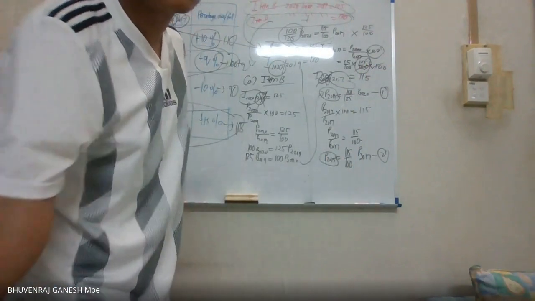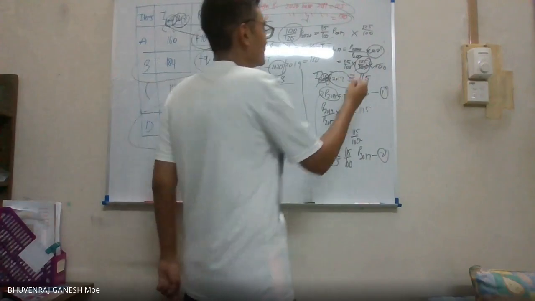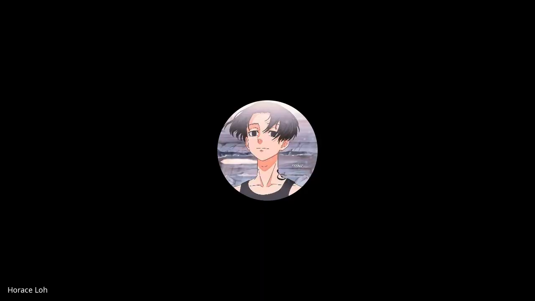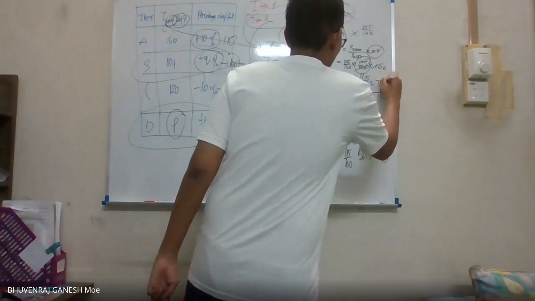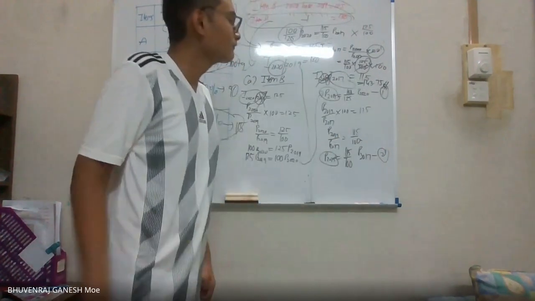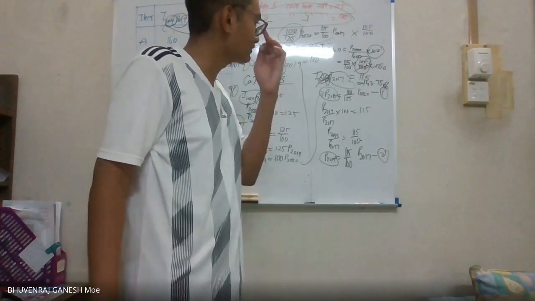You have your calculator, can you check the value of this? 115 by 100 times 125. 143.75. Was that the one we got earlier? Should be the same, I think.